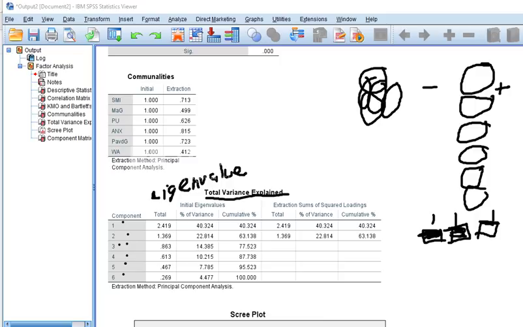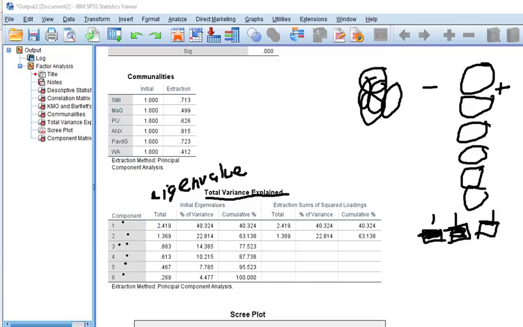So now you can see where the eigenvalue cutoff rule comes into play, where we were saying before that we would retain those components with an eigenvalue greater than 1. Basically, the rule is indicating that we want to retain those components that explain at least as much variation as a single measured variable.